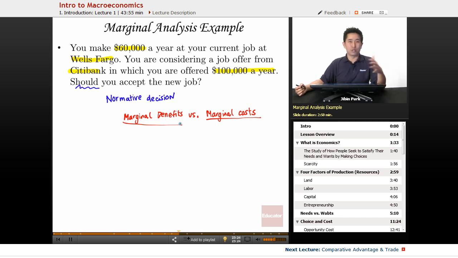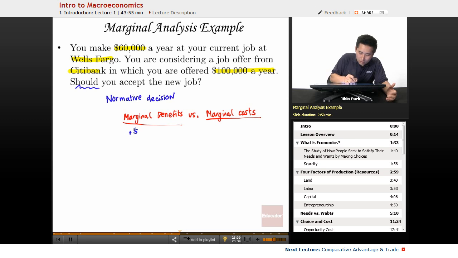We don't know exactly, other than that you have these two high-profile companies, and that you're making more money with one versus less money with the other. So I would say the marginal benefit obviously would be the $40,000 increase in pay. That's probably the primary marginal benefit.